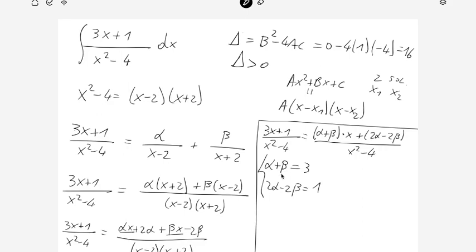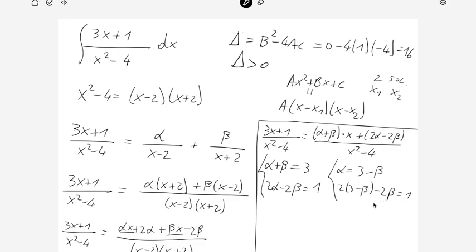I don't want to solve the system here because it is a classical system, and we saw how to solve it in the precourses. But in order to solve it, you can write, for example, alpha equal to 3 minus beta, and then you substitute here: 3 minus beta minus 2 beta is equal to 1.